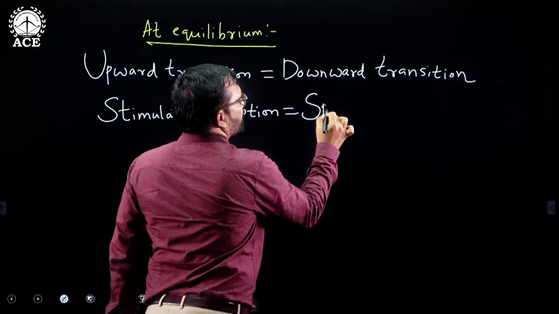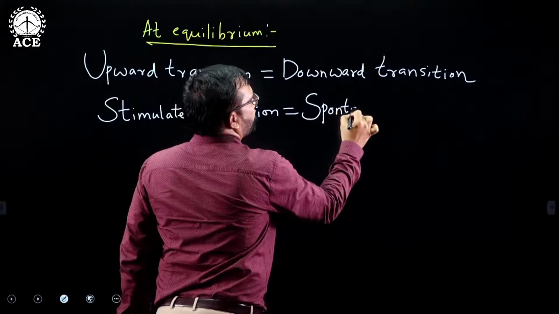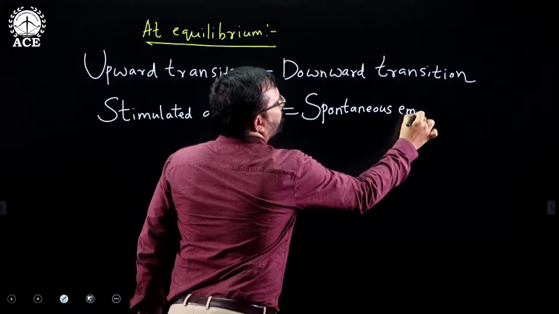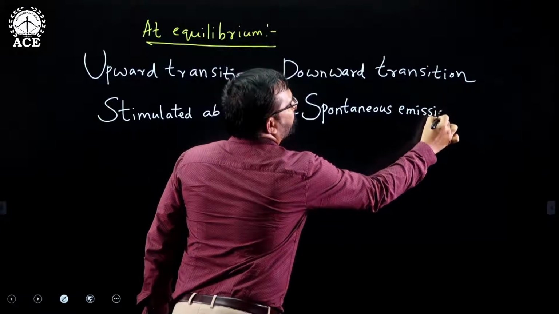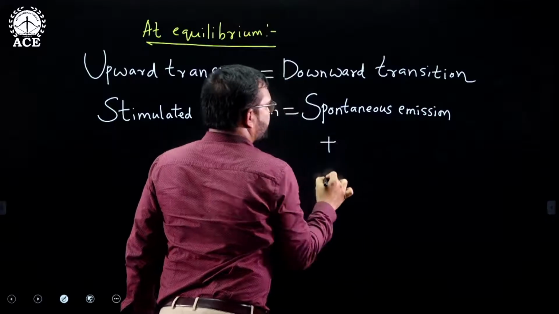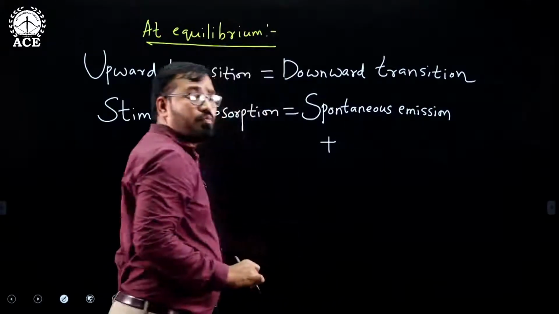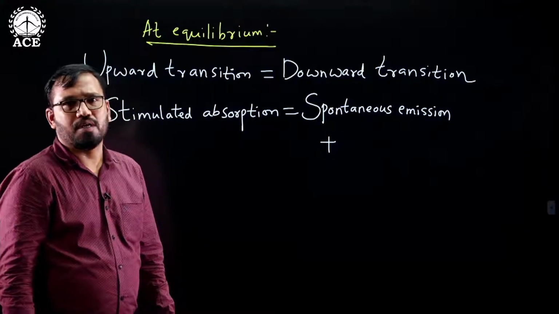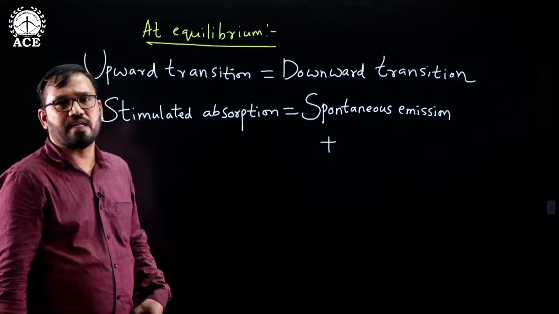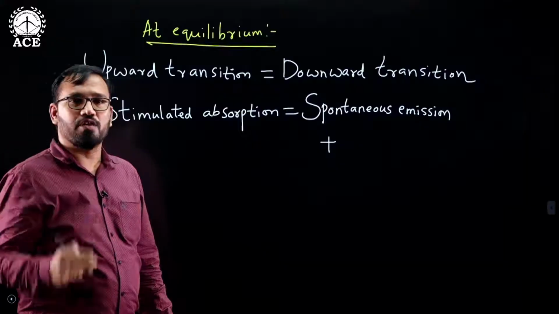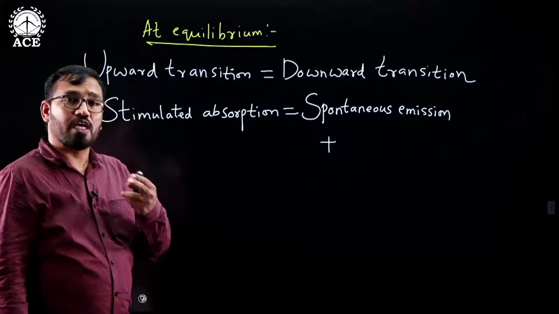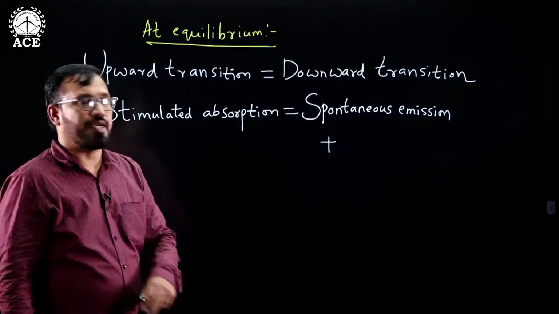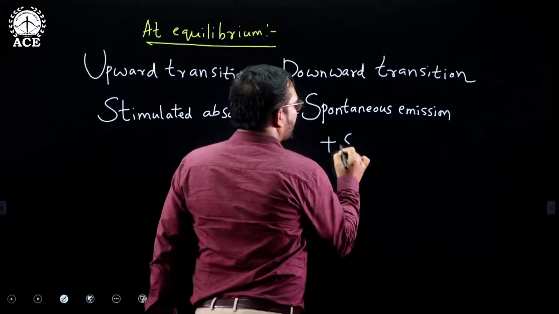Spontaneous emission plus one more emission. Emission obviously takes place when the transition of atom takes place from higher energy level to lower energy level. So two types of emission that we are having: spontaneous emission and also stimulated emission.